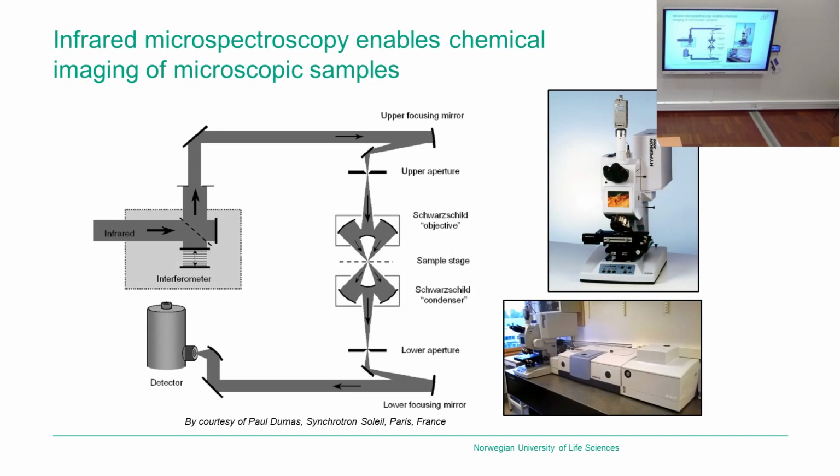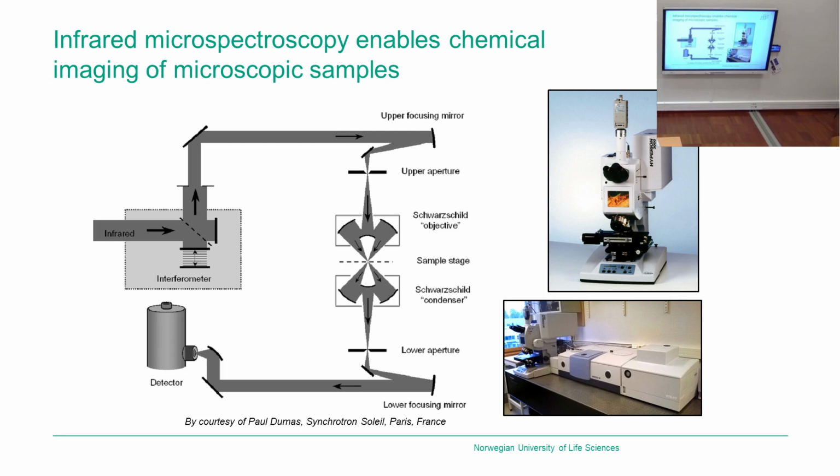So I spent a lot of time during the last 20 years to understand this microscope. That's an infrared microscope, which was invented in the 90s, and it combines Fourier transform infrared spectroscopy with microscopy. Today it's also available as a system which is combined with a laser, with different tunable lasers working in different regions.